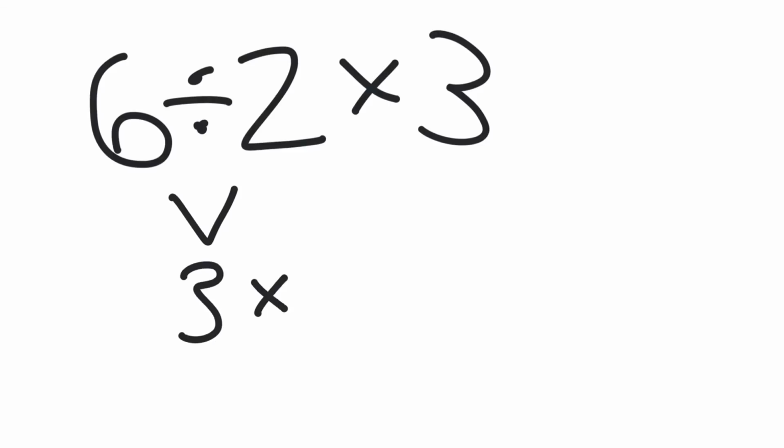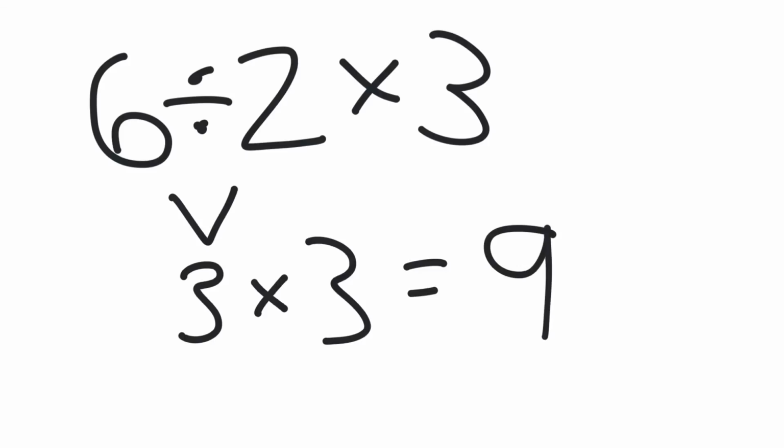Let's say we've got 6 ÷ 2 × 3. In this situation, you do the division first because it comes first in the problem if you're reading it from left to right. Okay, so this would be 6 ÷ 2 equals 3, and then 3 × 3 equals 9. That's the way you do it.